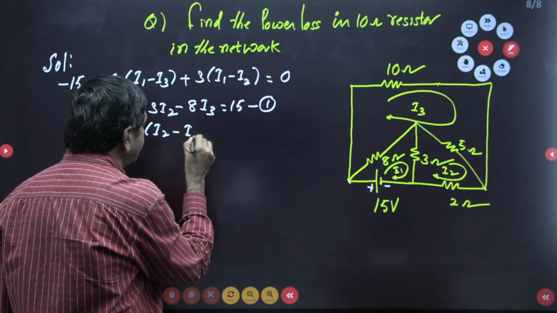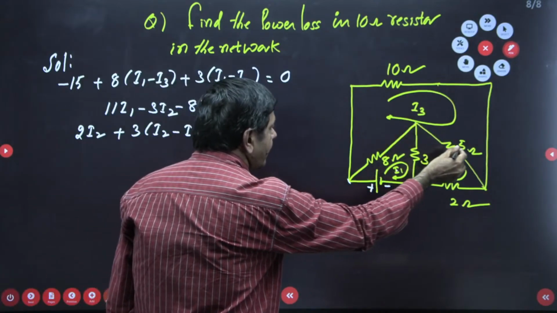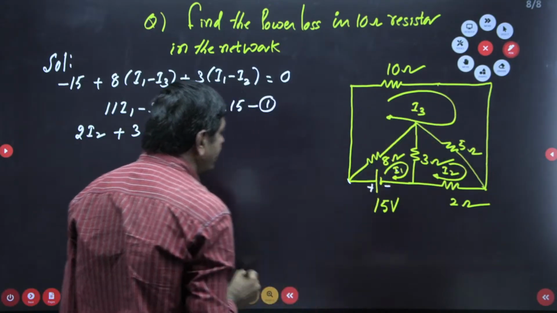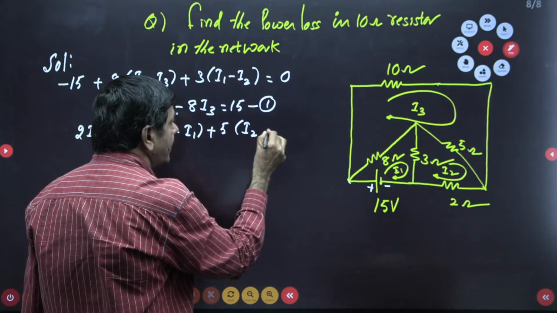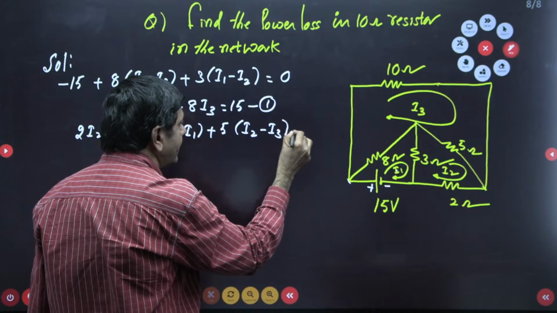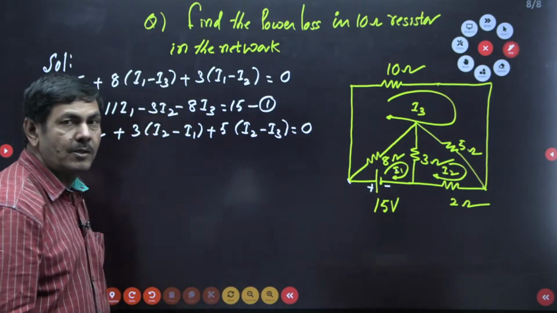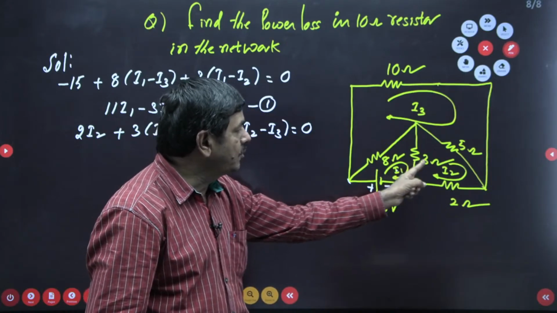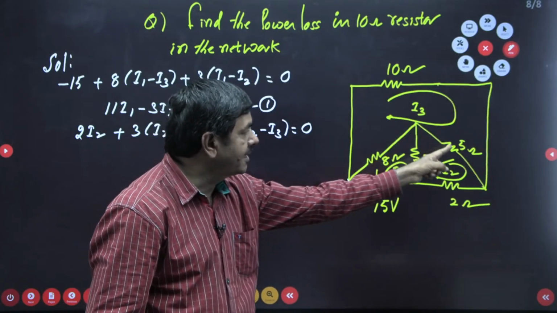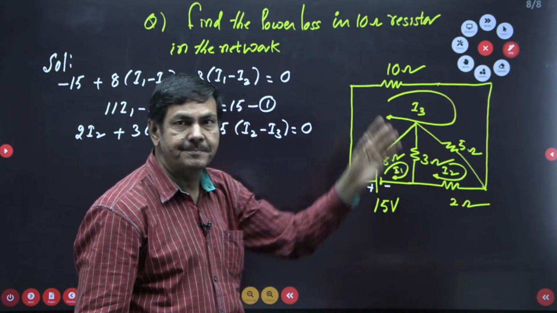When you go this side, plus 5 into I2 minus I3, that equal to 0. I am repeating: 2 into I2 plus 3 into I2 minus I1, plus 5 into I2 minus I3.